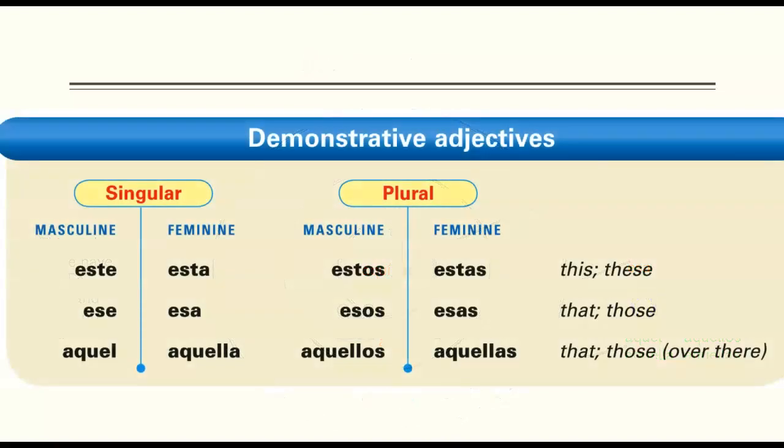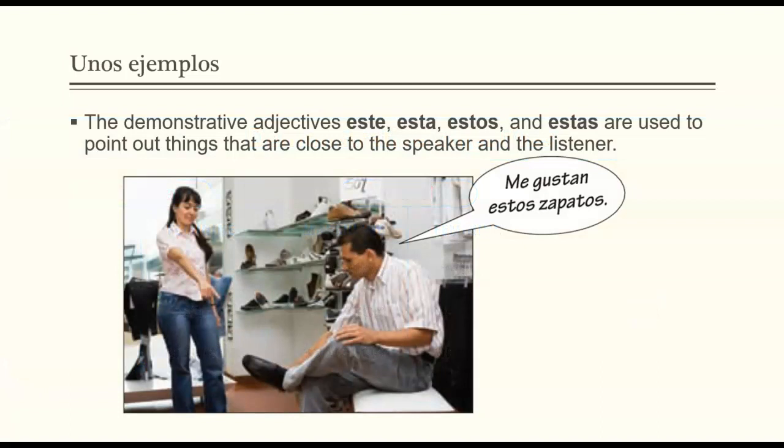Okay. And here again, this is just from the text, from the program, the list of the pronouns, both singular, plural, masculine, and feminine. And some examples, unos ejemplos. The demonstrative adjectives, este, esta, estos, estas, are used to point out things that are close to the speaker and the listener.